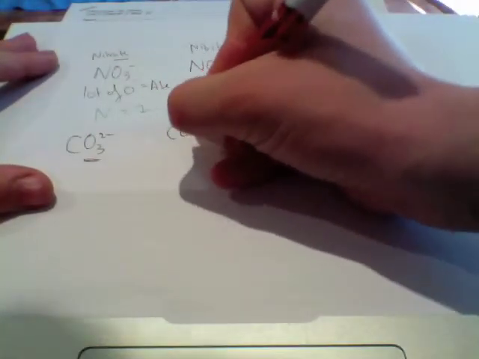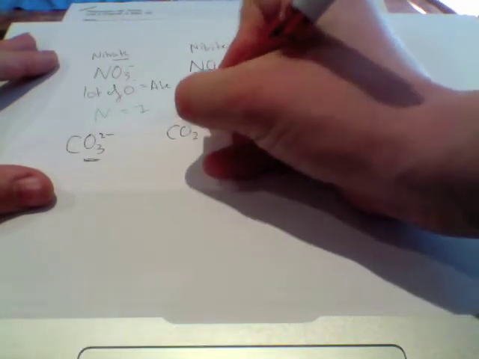Okay, so now let's say we've got carbonate. It is CO3 2 negative. Now it's 8, it has a lot of oxygen compared to CO2 2 negative, but notice that everything with the C has a 2 negative charge.